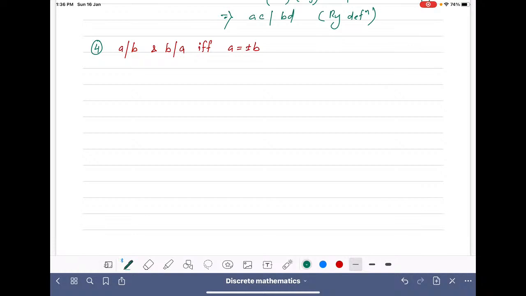And to show this one, we'll use the definition.